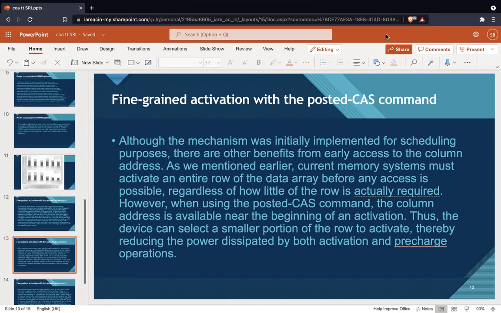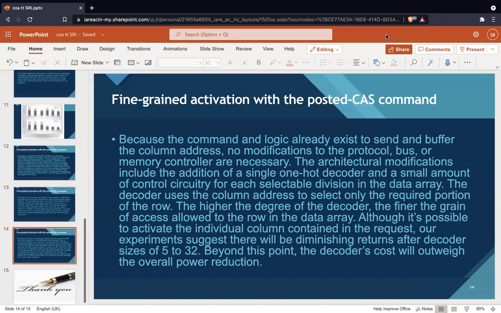Thus, the device can select a smaller portion of the row to activate, thereby reducing the power dissipated by both activation and pre-charge operations. Because the command and logic already exist to send and buffer the column address, no modification to the protocol, bus or memory controller is necessary.